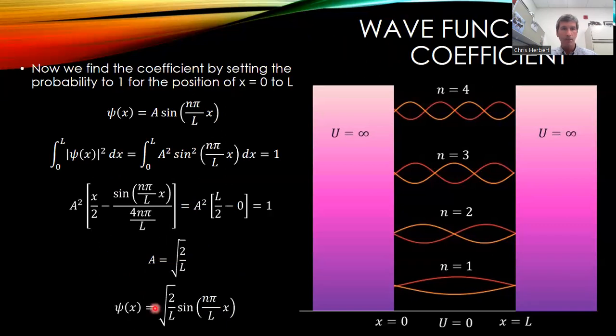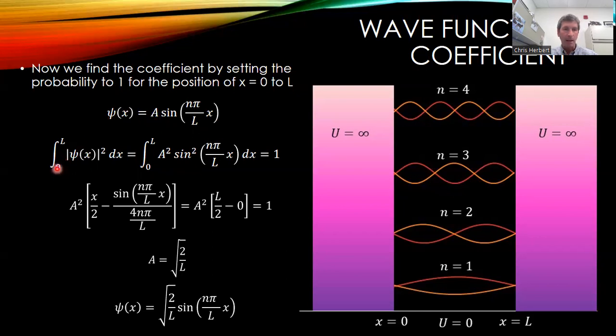Okay. So now my wave function looks like this. I can find this coefficient because I know my particle is going to be in that box somewhere. Okay? Particle has to be in the box. The probability of the particle being in the box is 1.